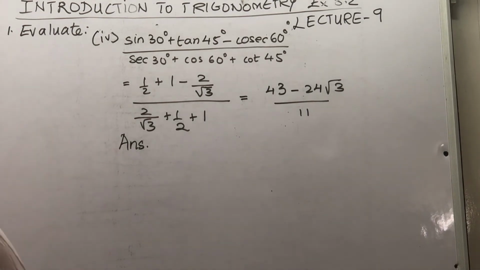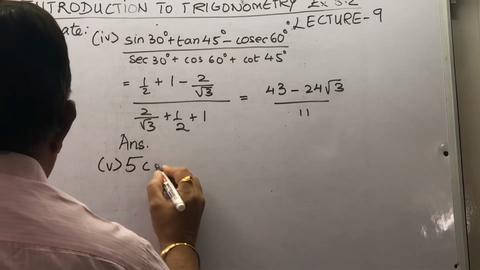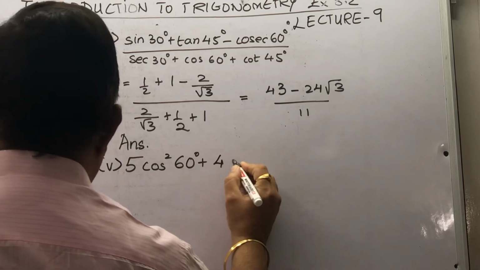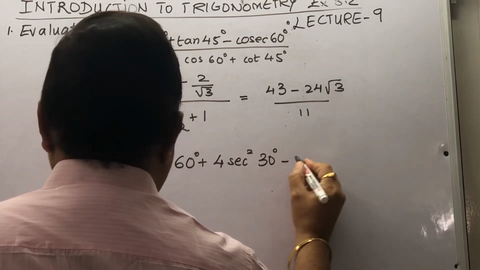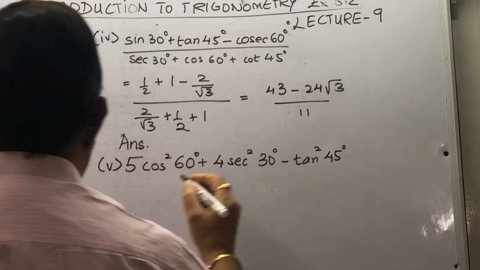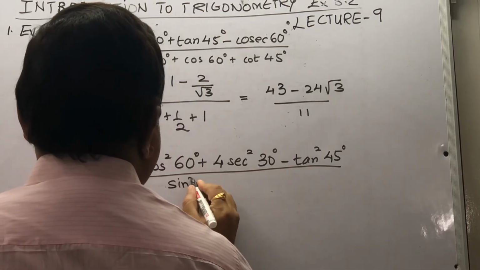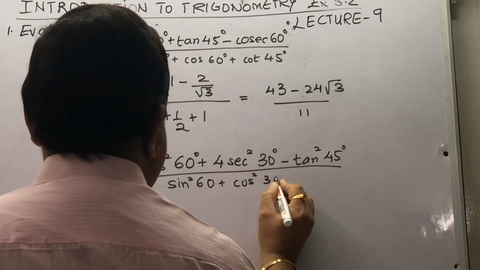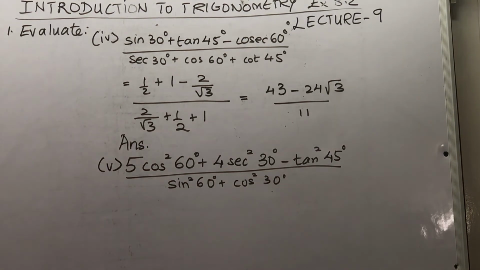And we have a last part, the fifth subpart: 5 cos square 60 degrees plus 4 sec square 30 degrees minus tan square 45 degrees, the whole divided by sine square 60 plus cos square 30. Go for the values.